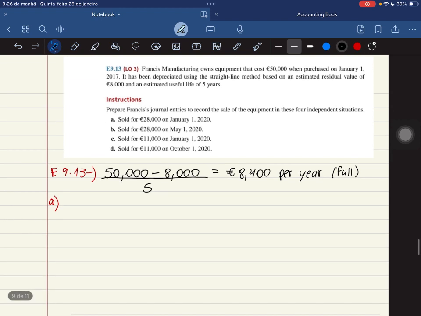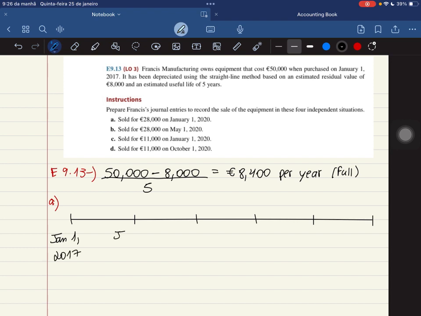Sold for 28,000 on January 1st of 2020. Since we're going to be dealing with a lot of dates here, I'm going to go ahead and make a timeline for you, because otherwise it might be a little confusing. We bought the machine on January 1st of 2017.